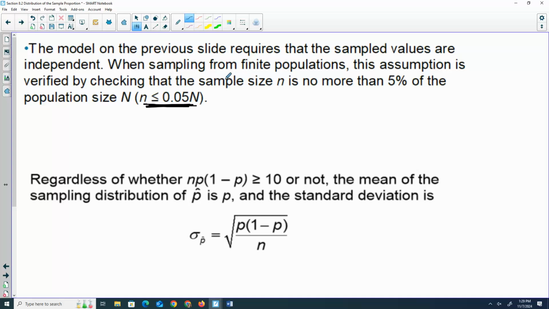A lot of times we can't actually verify that, but if we're talking about the entire nation, a sample of 1,000 would be less than 5% of everybody. Most of them, it's going to be fairly clear cut. Even if it doesn't meet the requirements for normal, the mean and standard deviation formulas work. So those are not going to change if it's not normal.